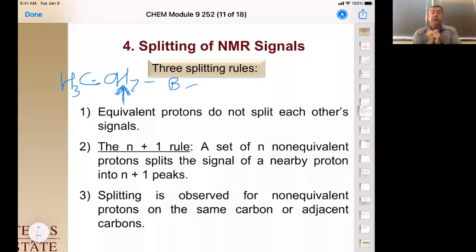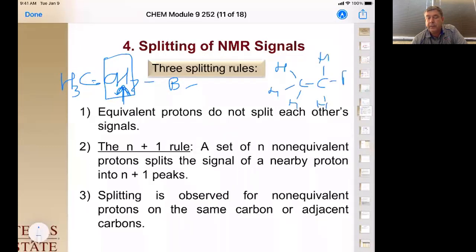Second rule, you look for the number of non-equivalent hydrogens 3 bonds or less away from this peak. So let's redraw this to be a carbon with a hydrogen, hydrogen, hydrogen, carbon, hydrogen, hydrogen, and a bromine.